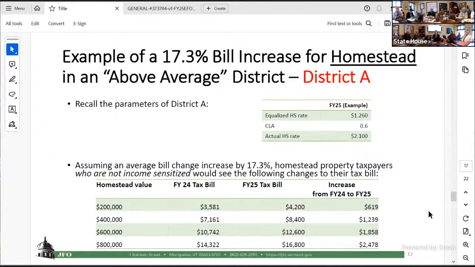It's higher because they have a higher rate than District C. So that's what we're looking at here, the non-income sensitized homestead property taxpayers and the corresponding bill change if it were to be 17.3%.